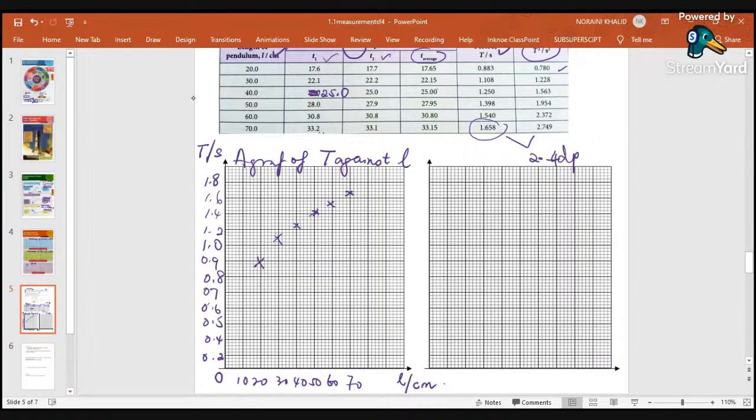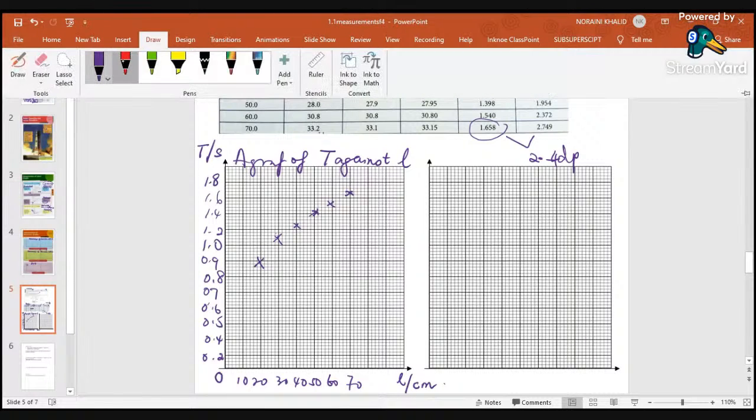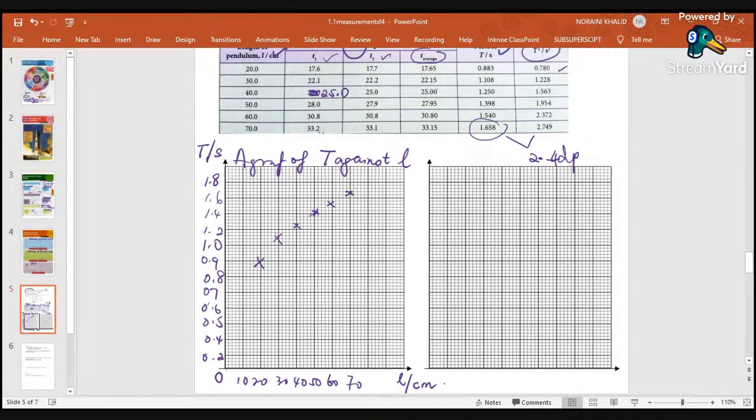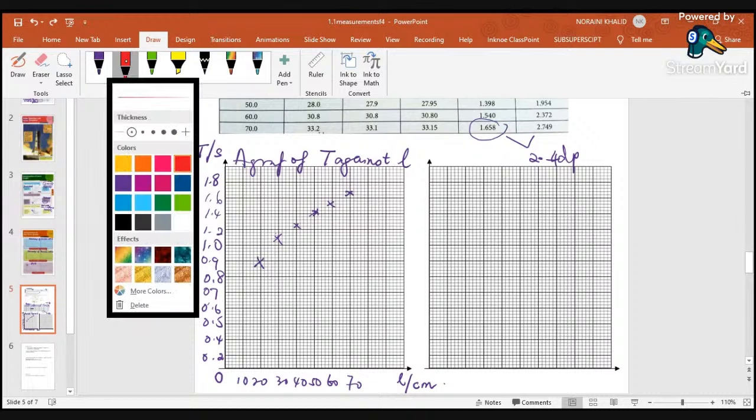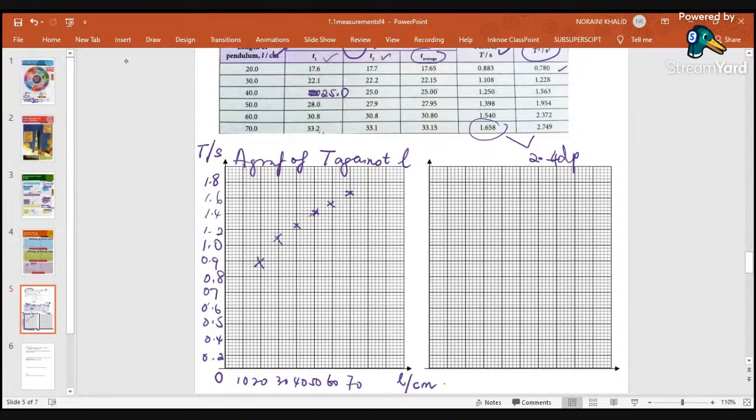Okay, now we want to draw a graph. Use freehand. If you cannot draw using freehand, you can use a curve ruler that can be bent. I'm using this drawing board, it's a bit slippery, so I cannot maintain a really nice shape, but I try to use freehand to draw.